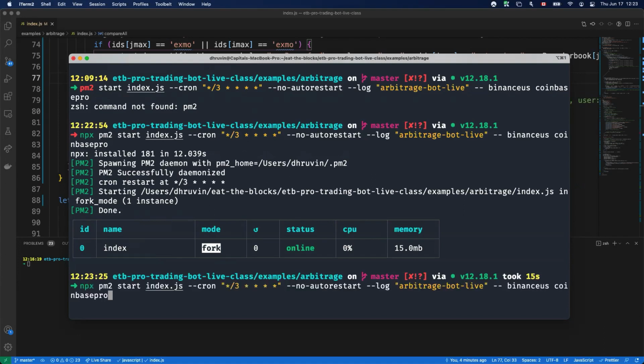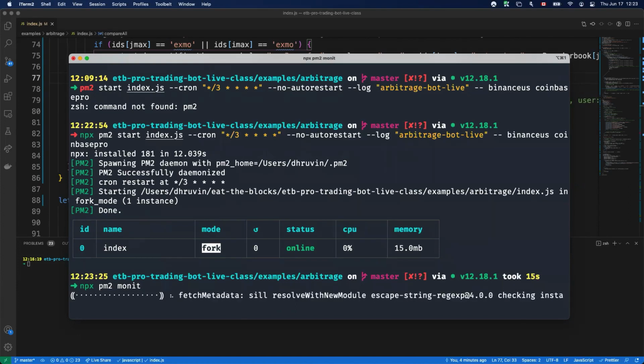All right, so what if you want to monitor what's going on? Just run the command PM2 monitor, and that's going to open up a full dashboard where you can monitor. If you don't want to use npx, you can globally install it on your machine and just run PM2 monitor.